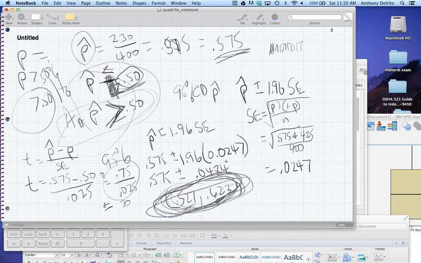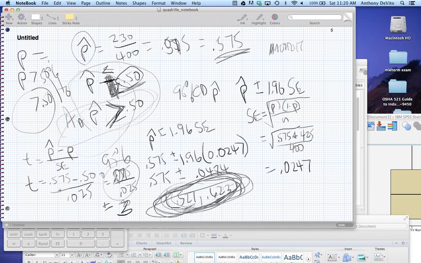Standard error is 0.0845? No, that's the margin of error. So down here, we're only looking for the standard error. Oh, I'm sorry. You're right. It's 0.075, not 0.75. So it's 3, right?